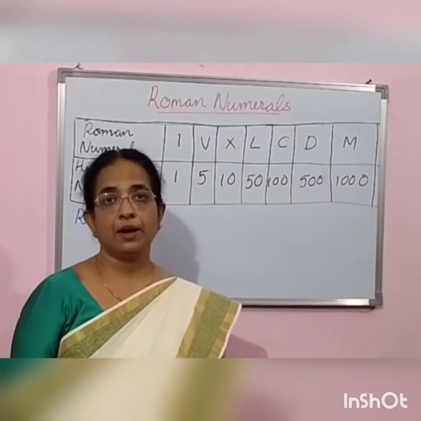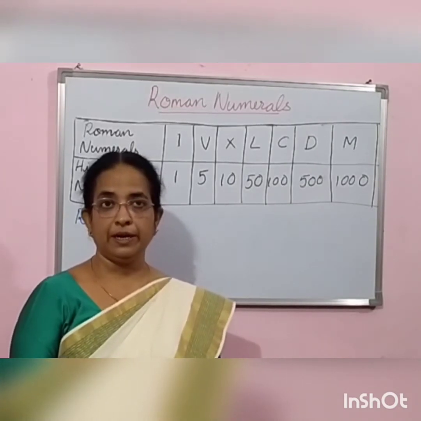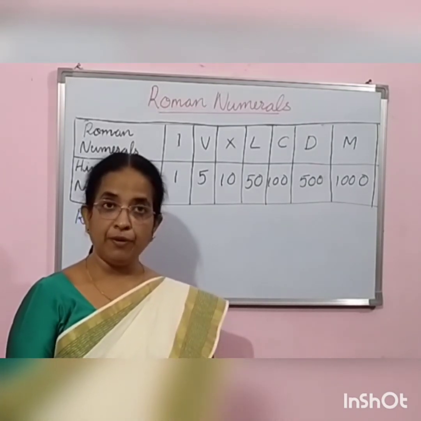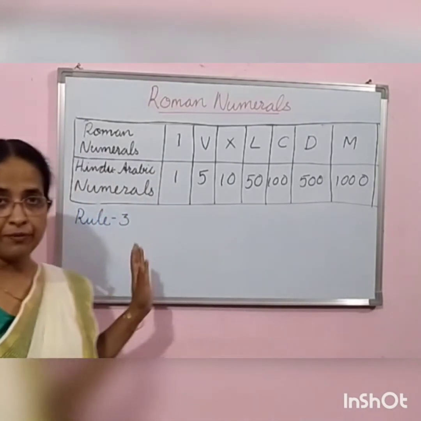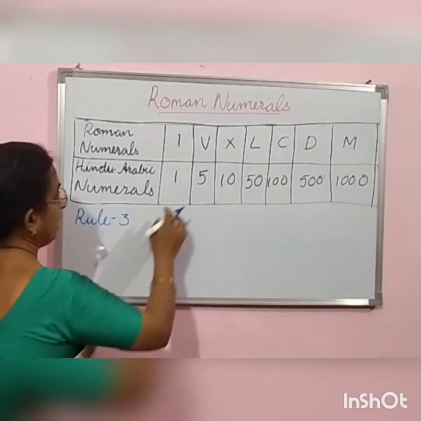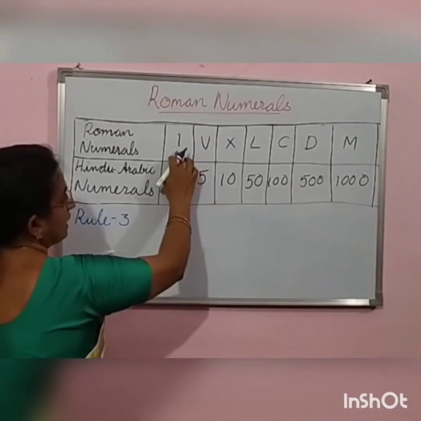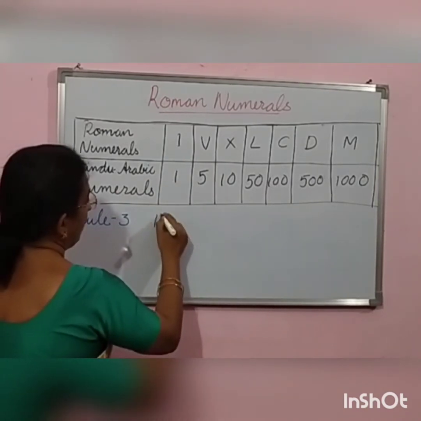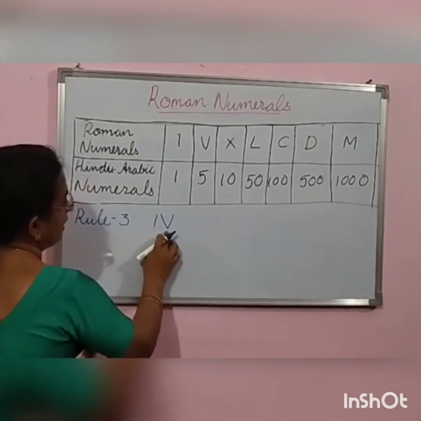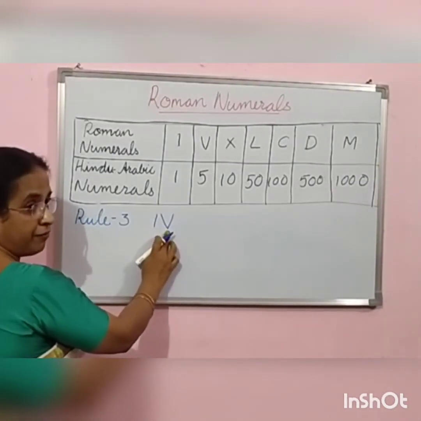Next, rule 3. Rule 3 is the smaller one is written before the greater one. The smaller numeral is placed before the greater one. That is, 1 is smaller than 5, I is smaller than V. Then I is placed before the V, meaning 1 before 5.